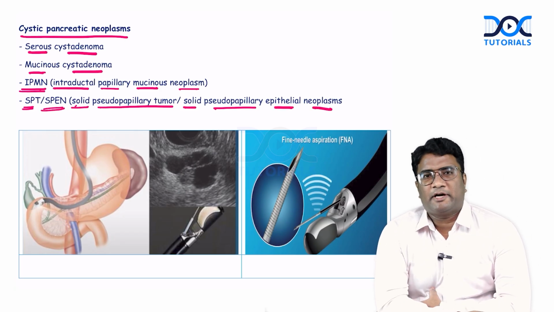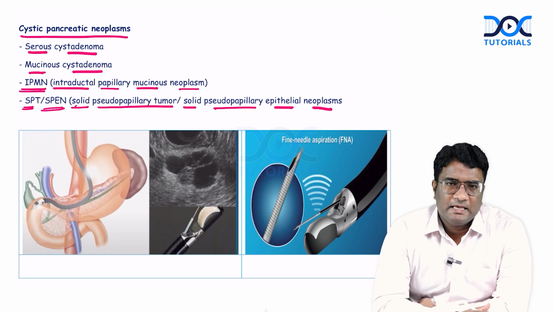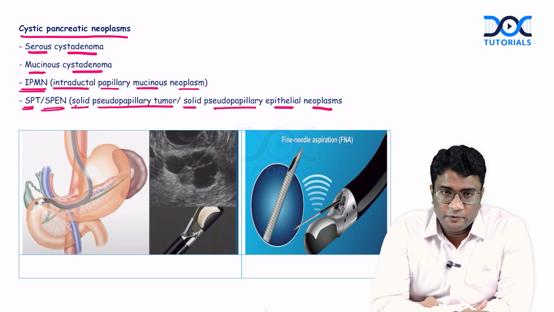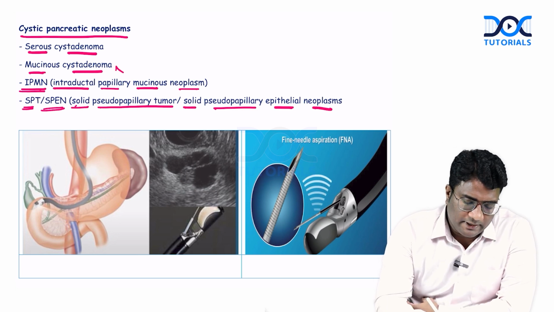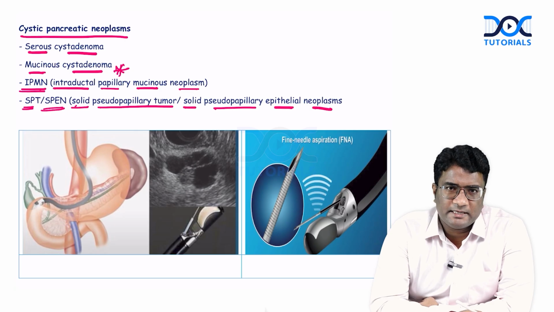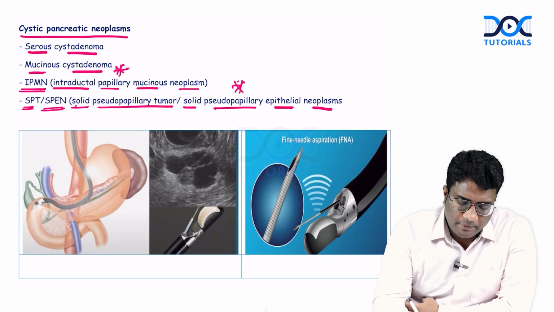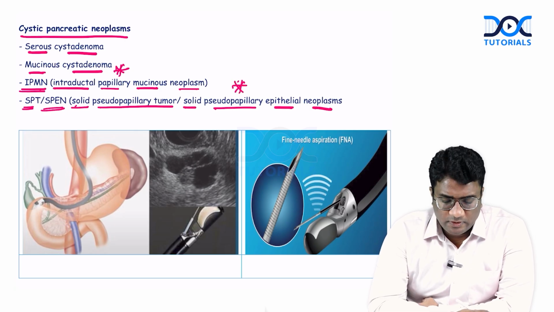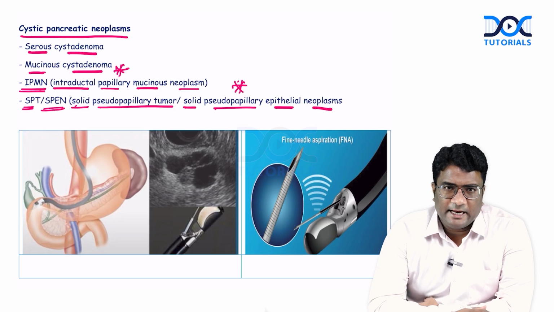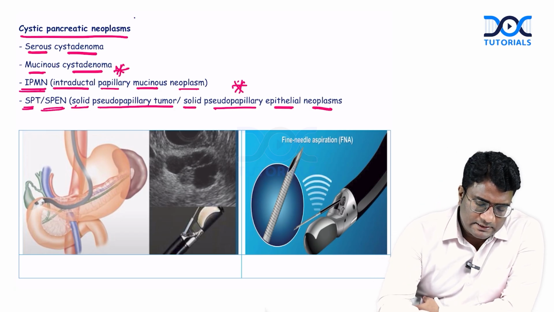So, these can be the 4 types of cystic lesions in the pancreas. So, let us look at each one of them, and also understand the cystic lesions of the pancreas.